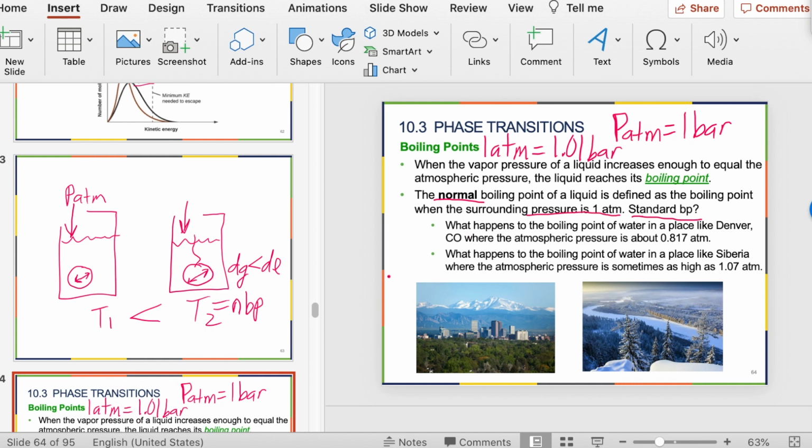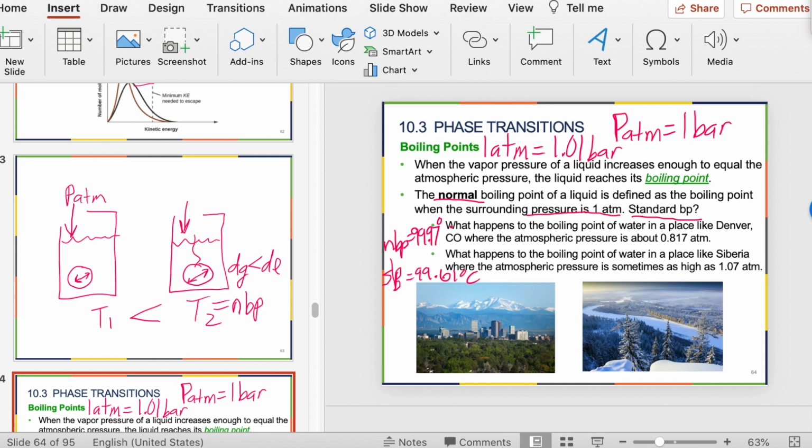Matter of fact, standard boiling point, and I left out the B, for water is 99.61, and the normal boiling point is 99.97.